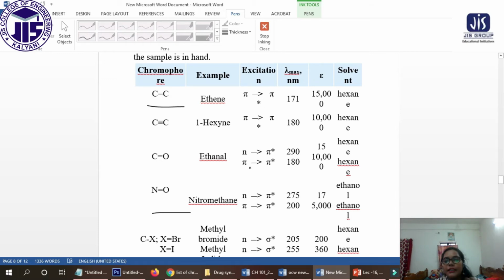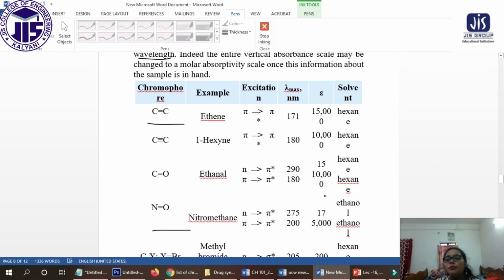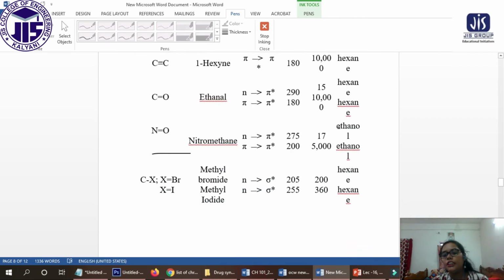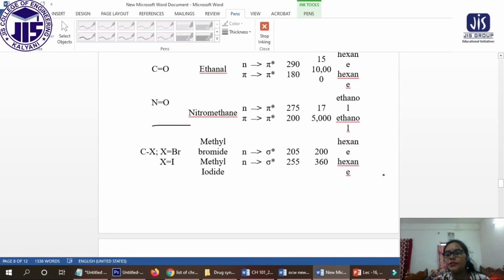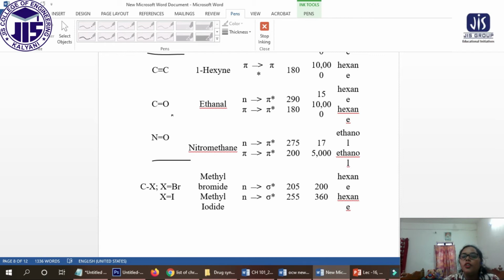For the ketone system we can have n to pi star and pi to pi star transitions. For nitromethane, methyl bromide and methyl iodide we can have the non-bonding to sigma star transition, or n to sigma star transition. This is the excitation energy, and this is the value of epsilon, 200 and 360 like this, and this is the solvent, hexane, used for the experiment.